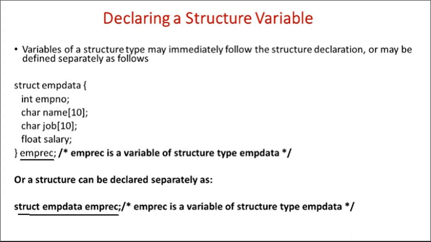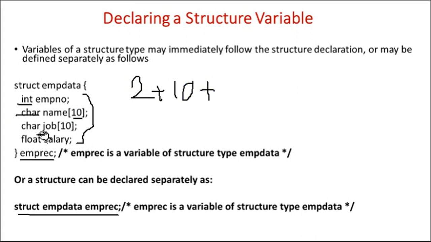Unless you declare variables for the structure, it will be of no use, and memory will not be allocated for the elements. For memory allocation, the first member is int, so 2 bytes will be required. For char with a total of 10, that is 2 plus 10, since it is character.